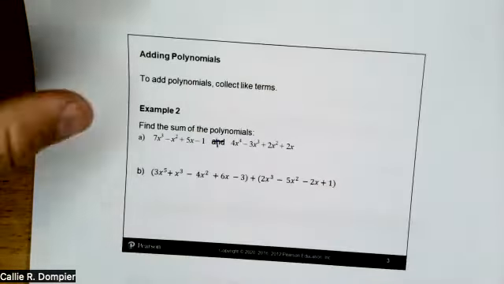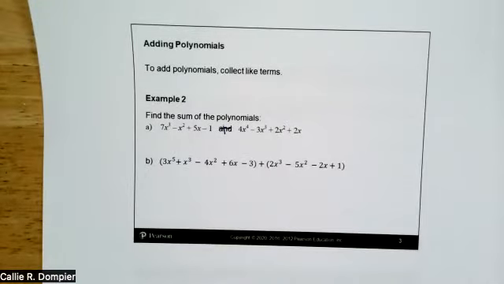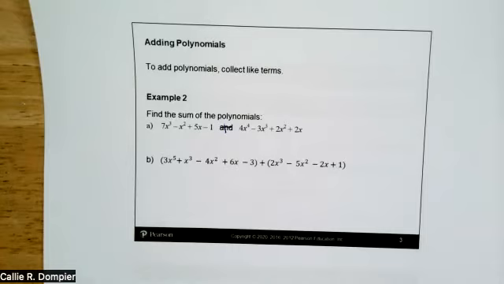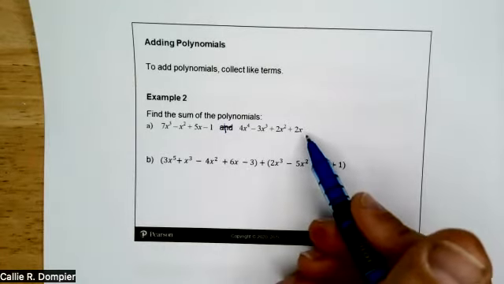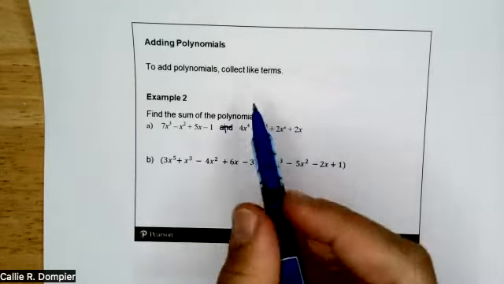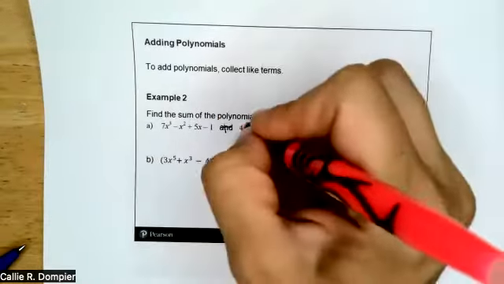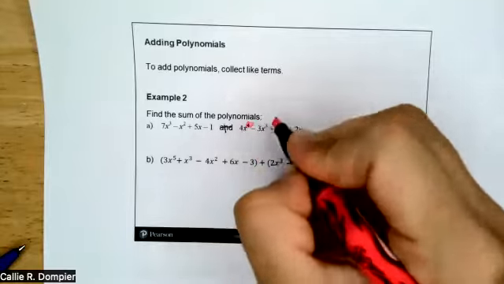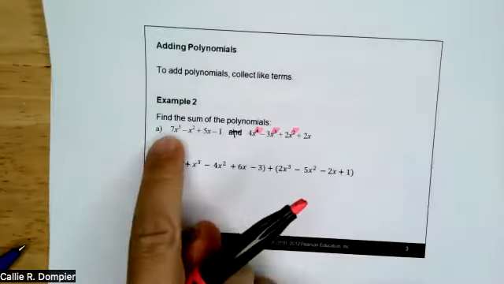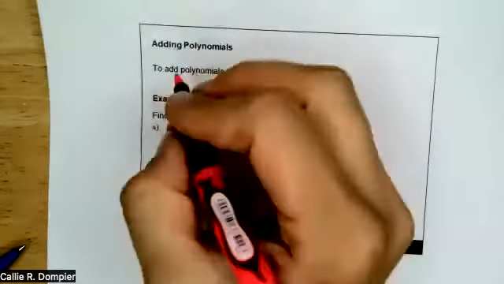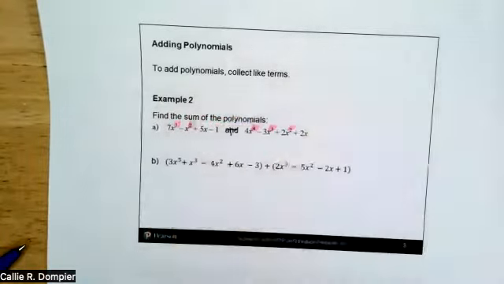And so what I do is I like to rewrite it and I put the polynomials in order, okay? So you can put it in alphabetical order if you had more than one variable. And then you can put it in descending order of, remember, the exponents are the important part, okay? Not the 7 and the 5 and the 4 and the 3 and the 2, but this power, okay?